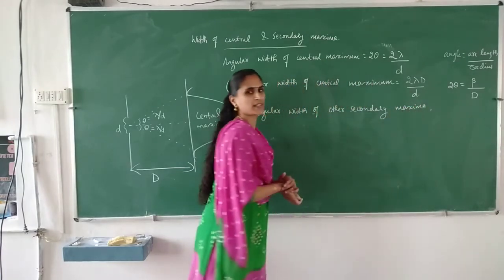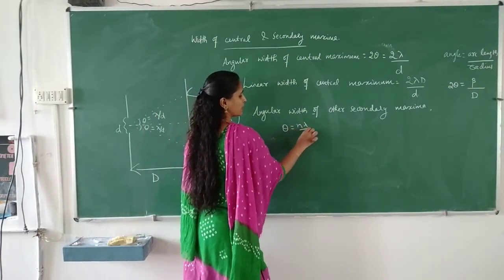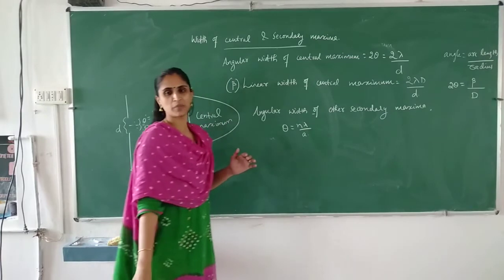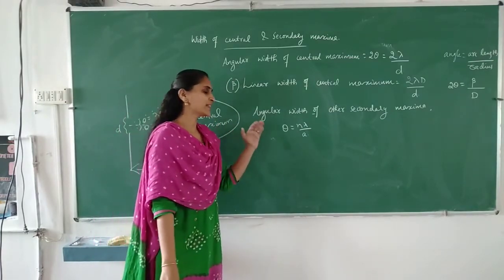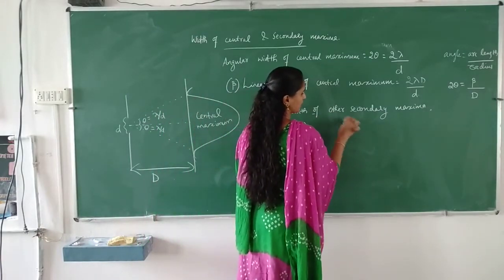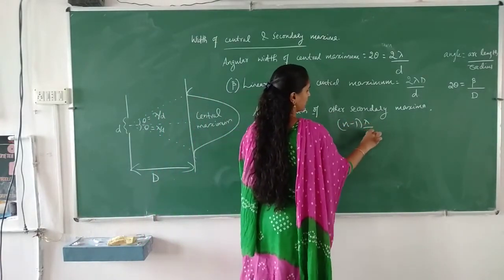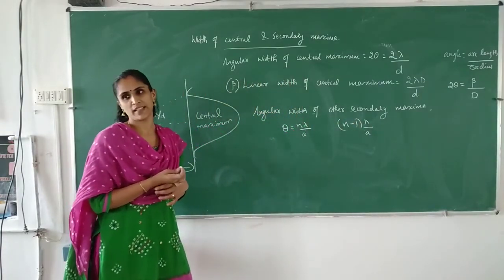How to find it? We know the condition: theta is equal to n lambda by a corresponds to minimum intensity. So theta is equal to n lambda by a, and the next adjacent one, (n minus 1) lambda by a, will be there. So if you find the difference, you will get the angular width of the secondary maximum.